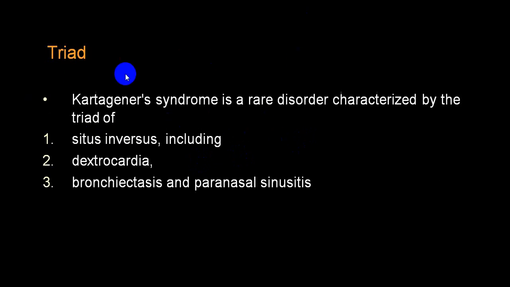Usually we call it a triad in Kartagener syndrome: situs inversus, dextrocardia, bronchiectasis with paranasal sinus ciliary cell abnormality.